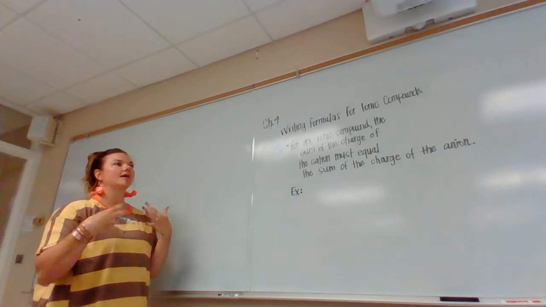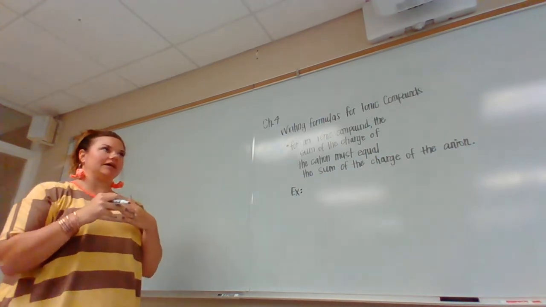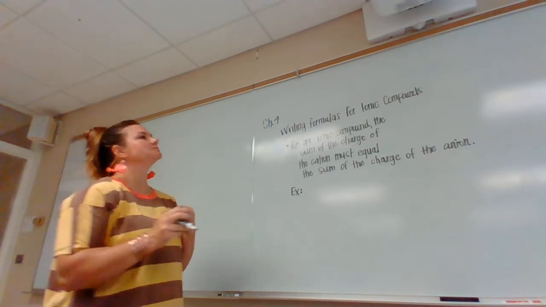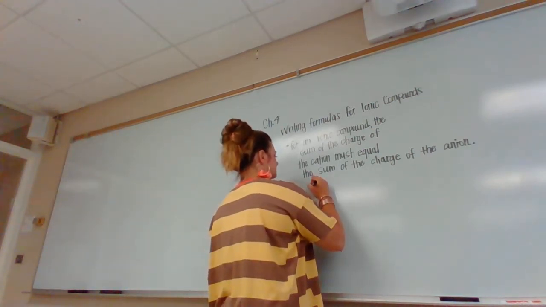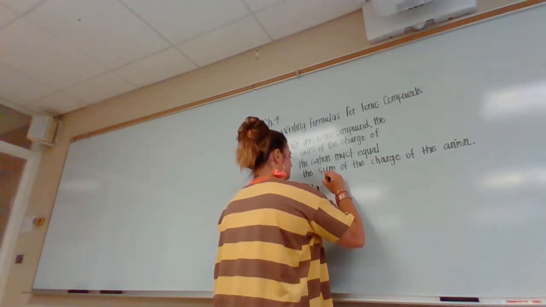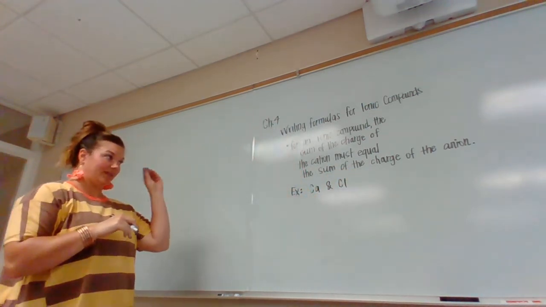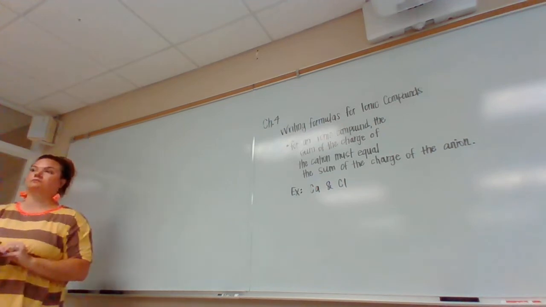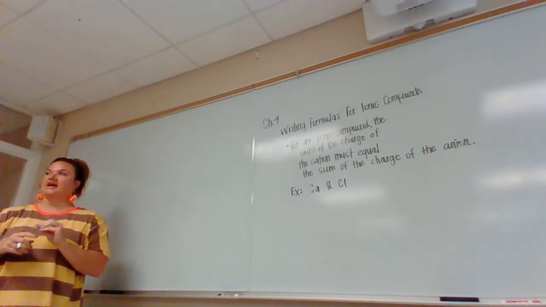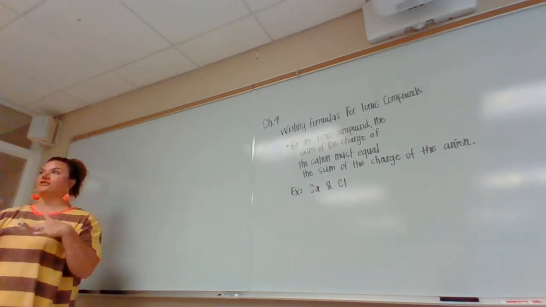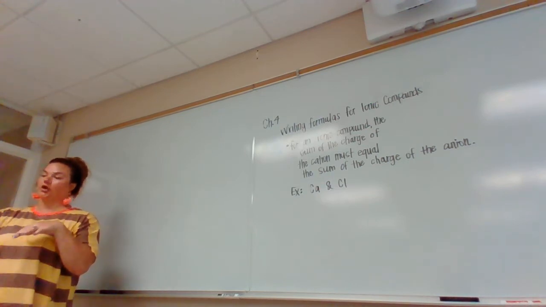Okay, so let's say I want to form an ionic compound between calcium and chlorine. In order to do that, I've got to make sure that their charges balance each other out so that I get a zero net charge.